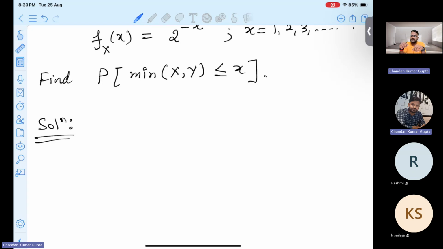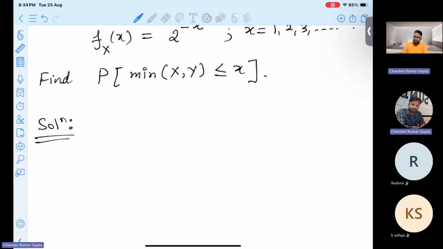And we can draw some more information from the same probability that the minimum of X, Y is less than or equal to x. We can use the complement property and we have more information than this. What can we write?